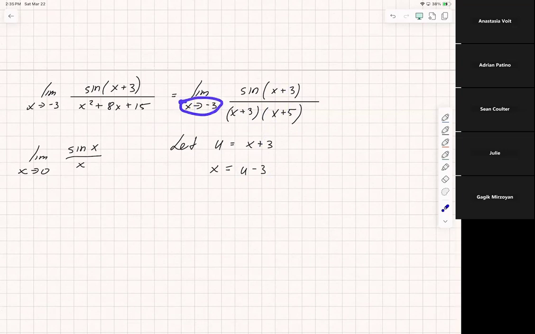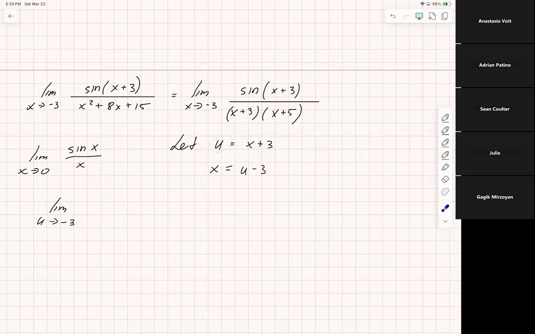So let's recalculate what the new variable u would be approaching in this case. You cannot write it as limit as u approaches -3, because it's not approaching -3 anymore, because your u is x + 3.